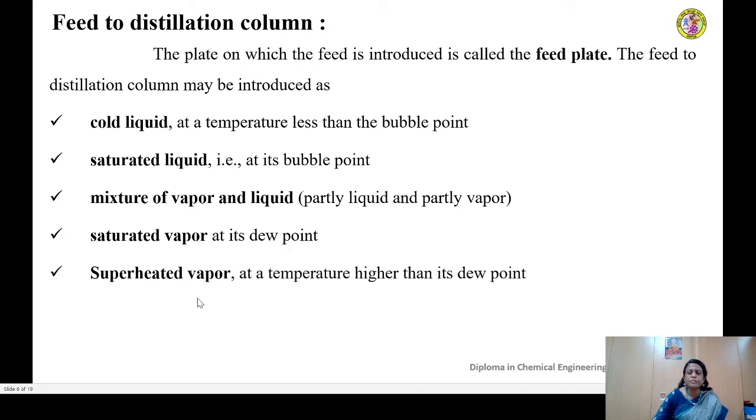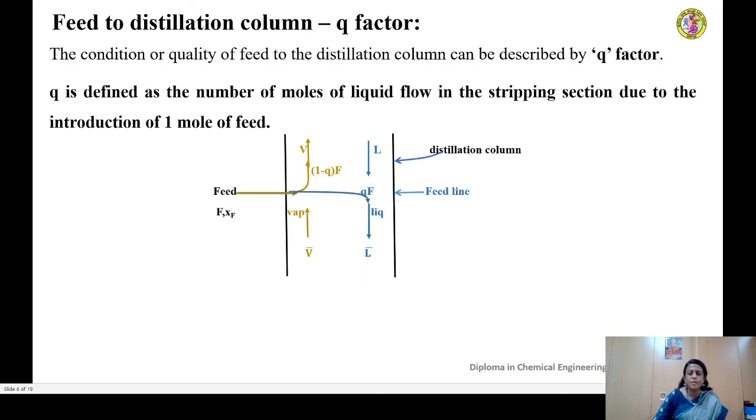And it will be in the form of a superheated vapor where the feed temperature, that is the temperature at which the feed enters, is higher than the dew point. So these are the 5 conditions of feed that enter a distillation column.